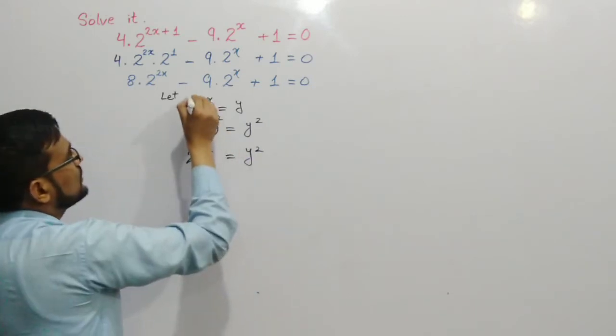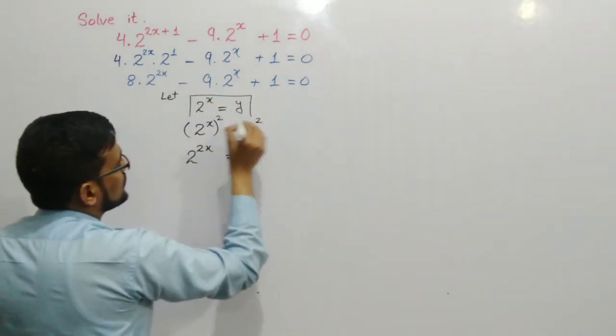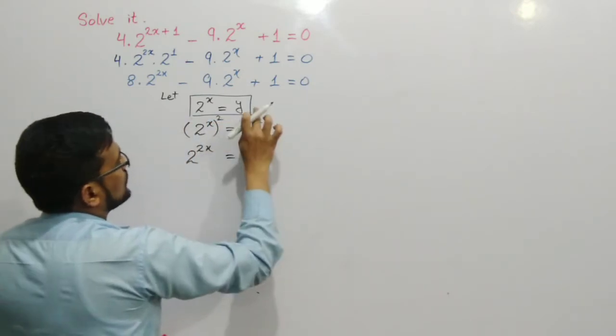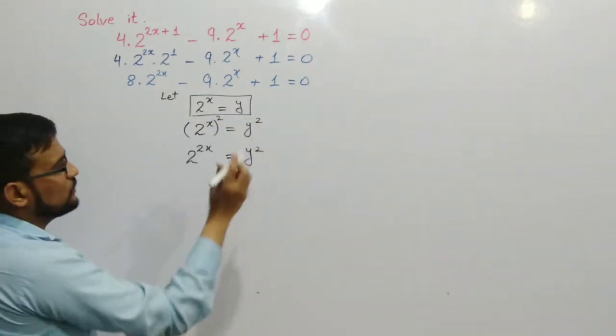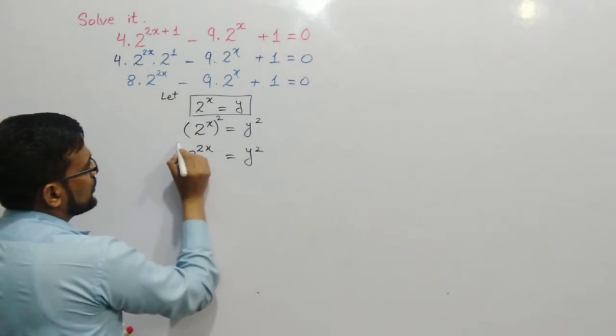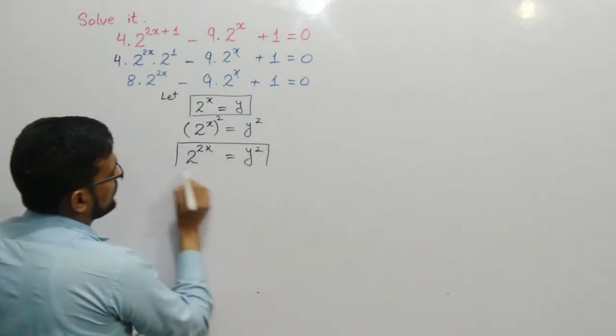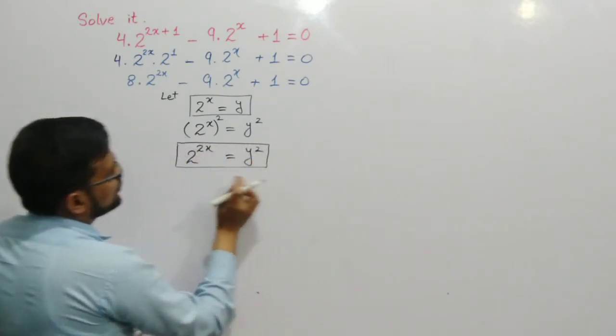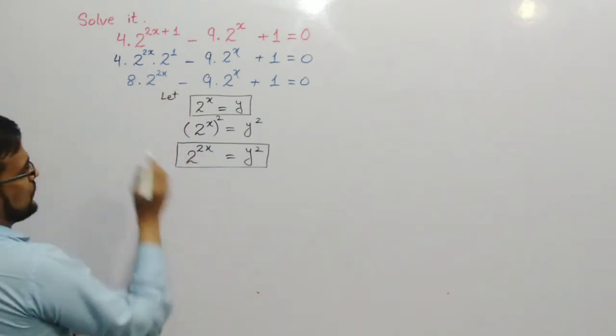So student, 2 raised to power x is equal to y and 2 raised to power 2x is equal to y square. So put these into this equation.